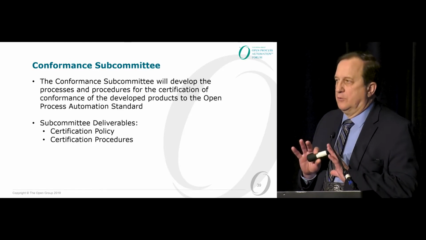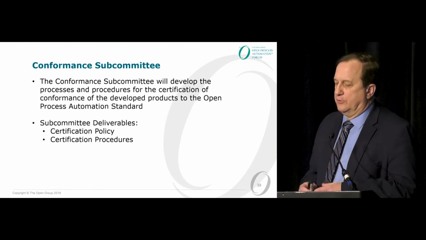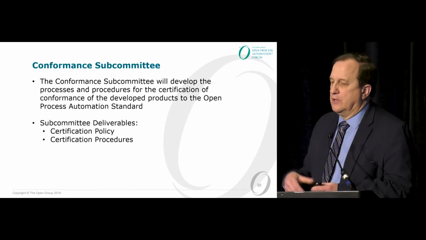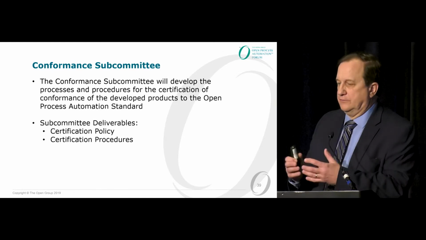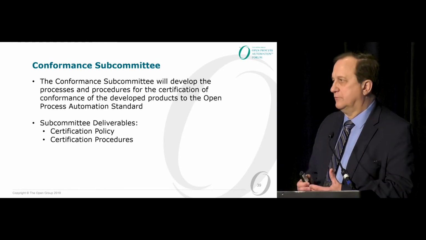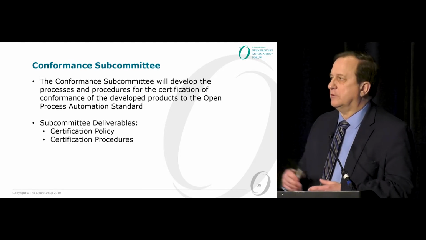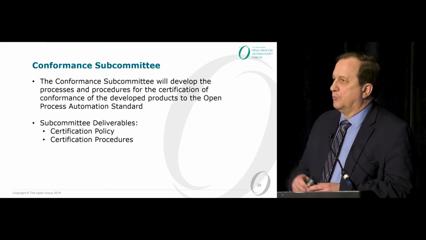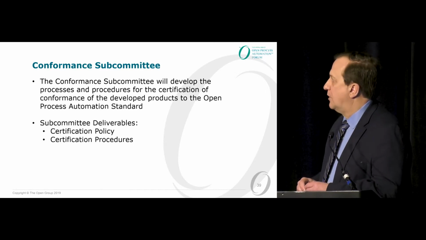No. We can't accept that if we want true interoperability and portability. And so the conformance subcommittee is putting in policies and procedures for 100% conformance. So when you receive a product that has a stamp of approval on it, you know that it met 100% of the requirements.